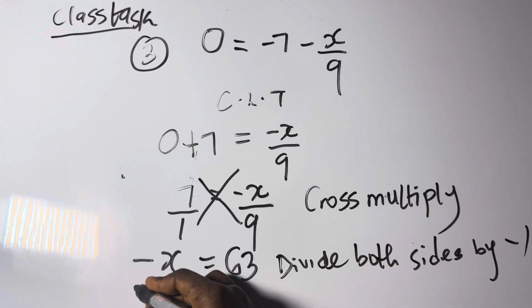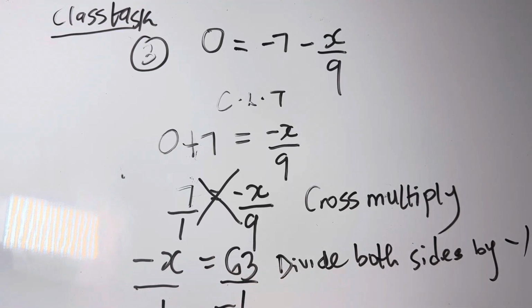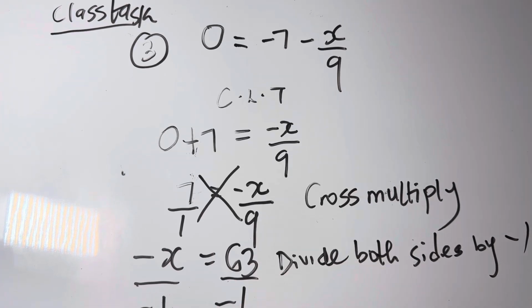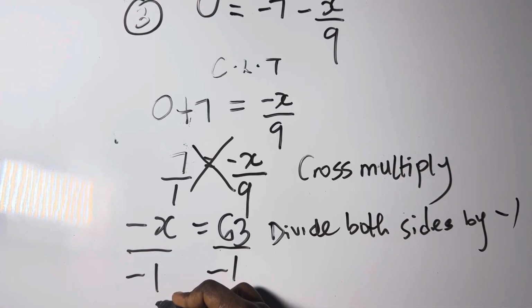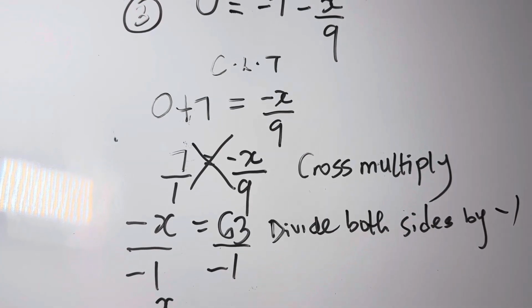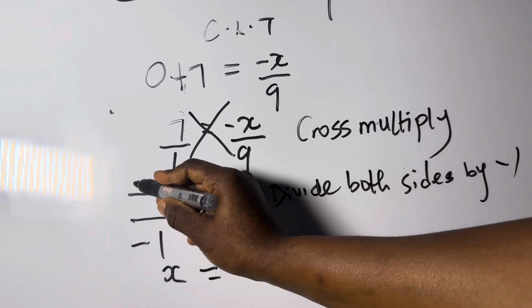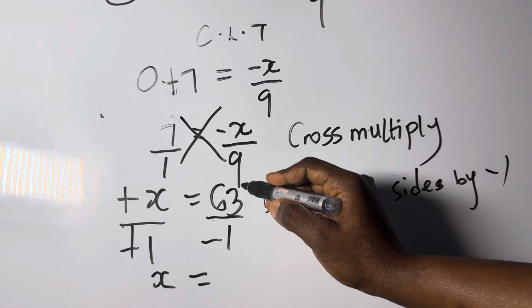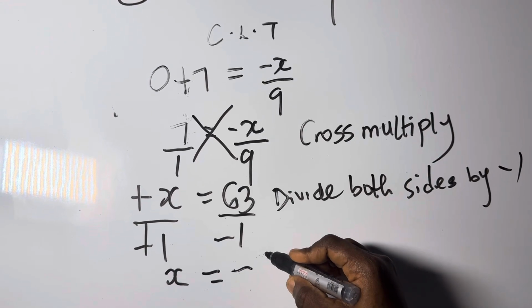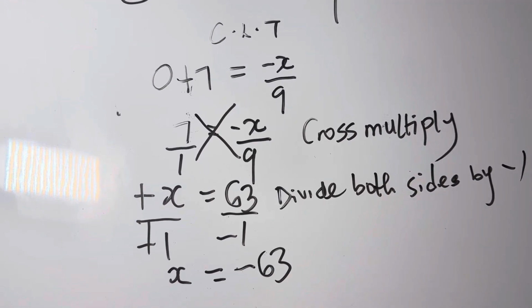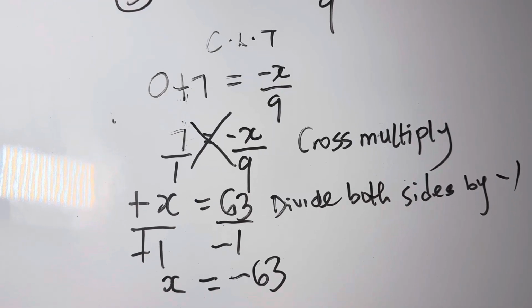Now, if I divide both sides by minus 1, x equals, this cancels this, 63 divided by minus 1 gives minus 63. Do you understand?